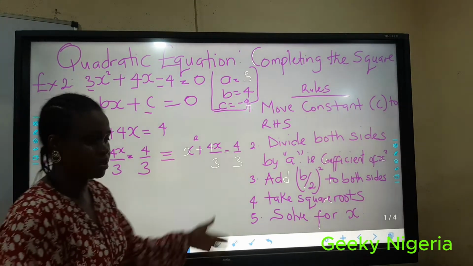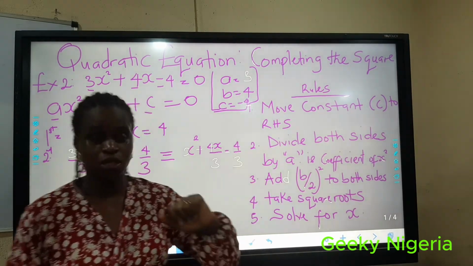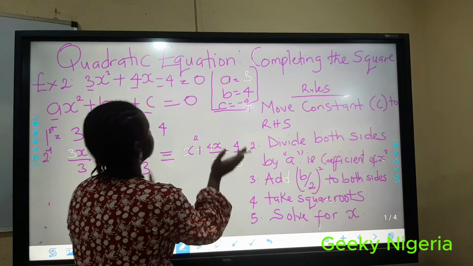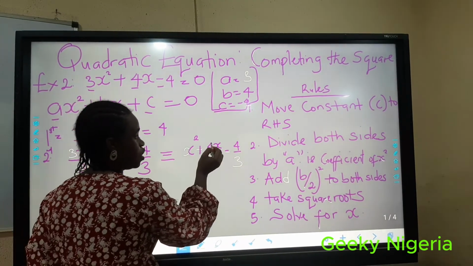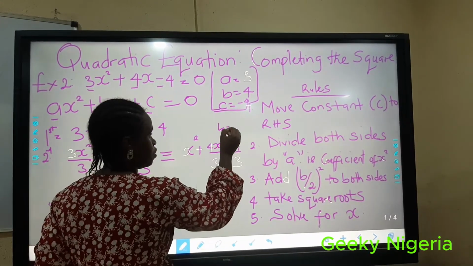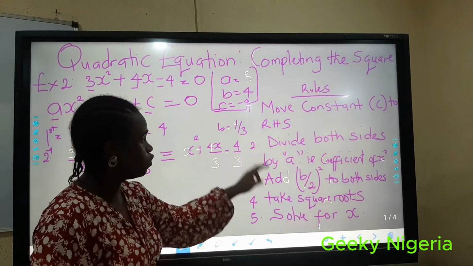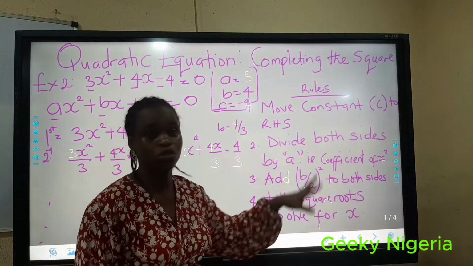The third rule says add b all over 2 all squared to both sides. Now the b we're going to be looking at, if you represent this general equation of a quadratic equation, our a here is 1, our b is now 4 all over 3. And it says add b all over 2 all squared to both sides.